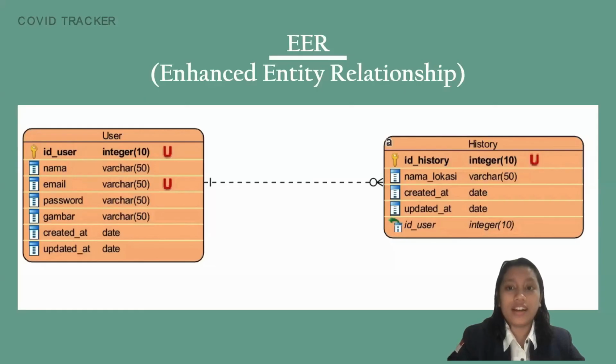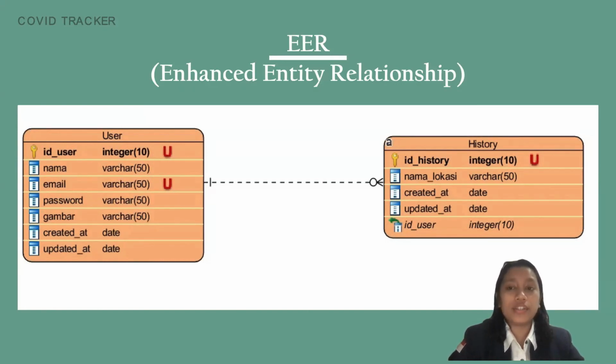First of all, EER models are helpful tools for designing a database with high-level models. With their advanced features, you can plan a database more thoroughly by delving into properties and constraints with more precision. We can also say that the EER diagram is more specific about what will be in our database. We use one database with two tables, namely user and history, and the relation of both is one-to-many.